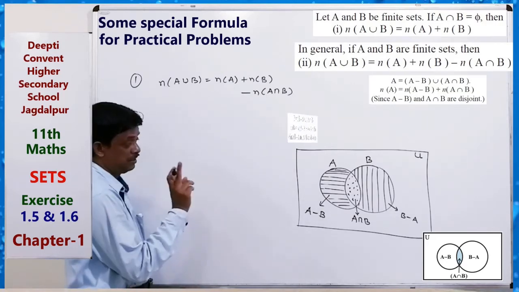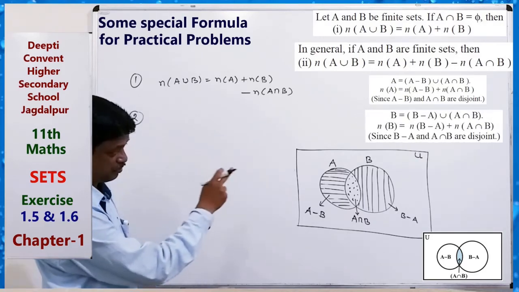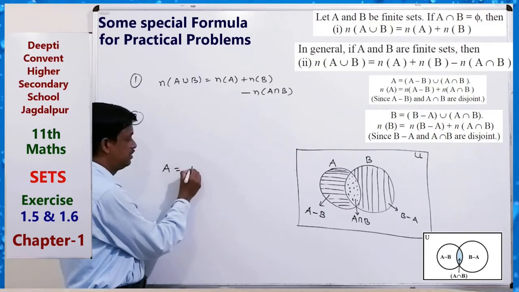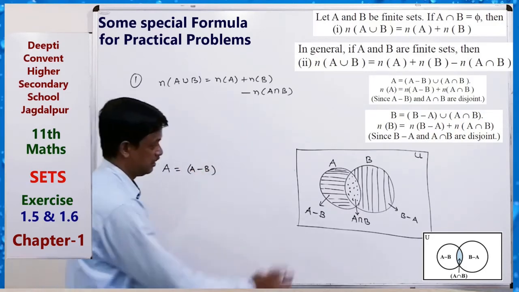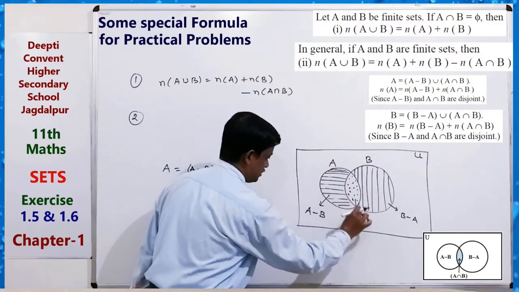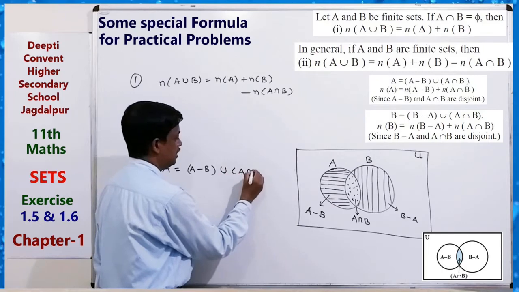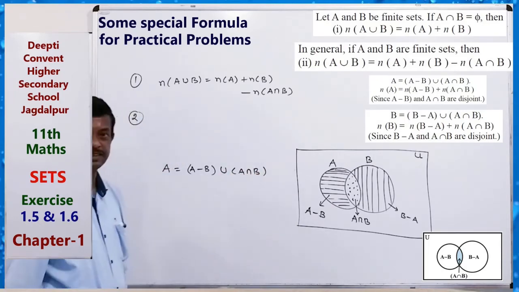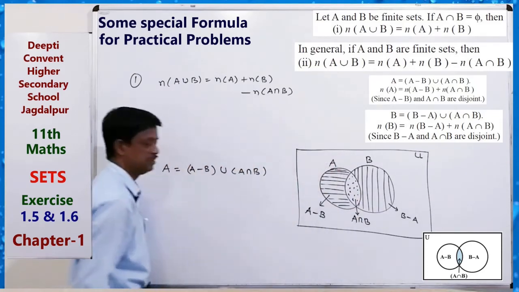Okay, now the second important formula is that from here we see that A equals A minus B, that is this and this, union A intersection B. A equals this part union this part.